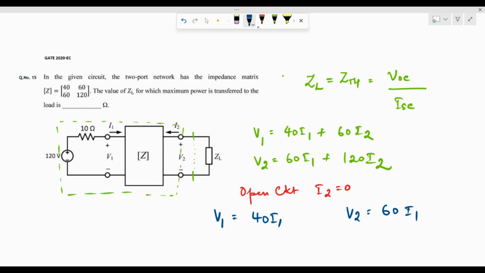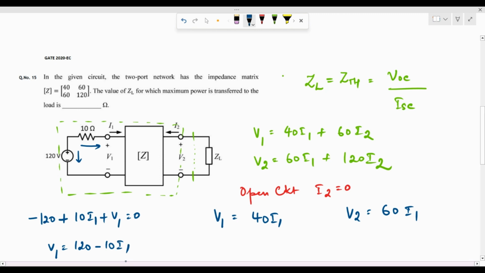Now, what is V1? Let me write it out over here. I can apply KVL in the small loop to compute V1. So from this, I can get minus 120 plus 10 I1 plus V1 is equal to 0. Therefore, V1 is equal to 120 minus 10 I1.